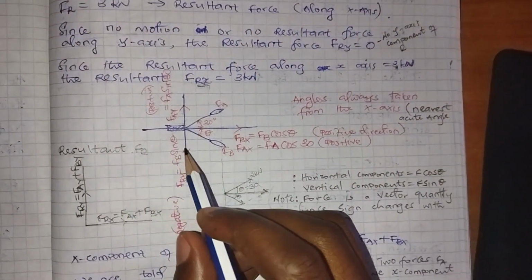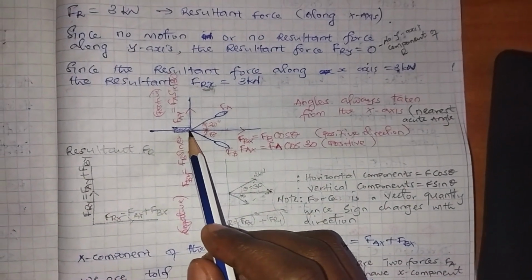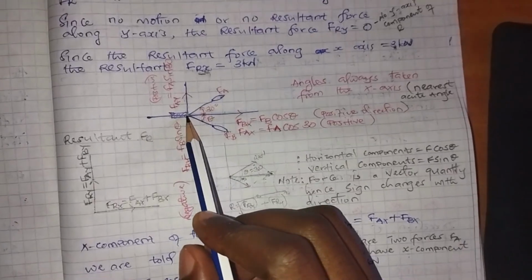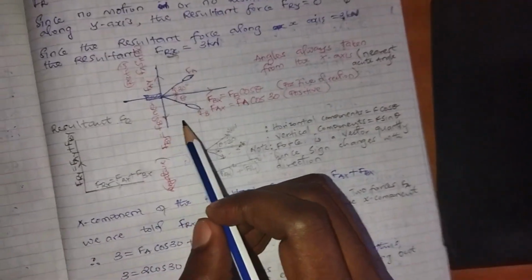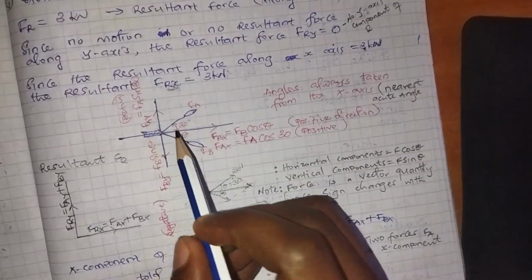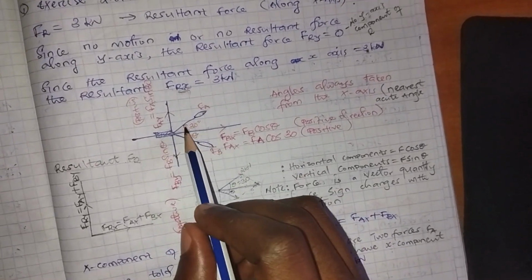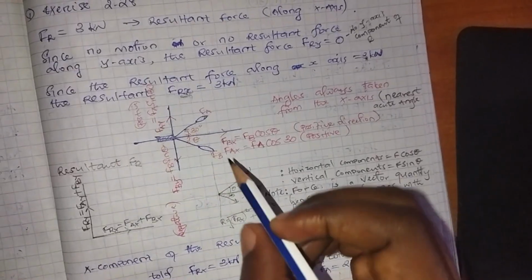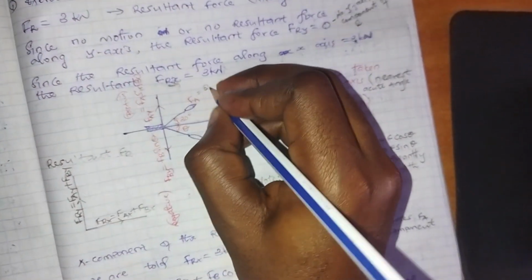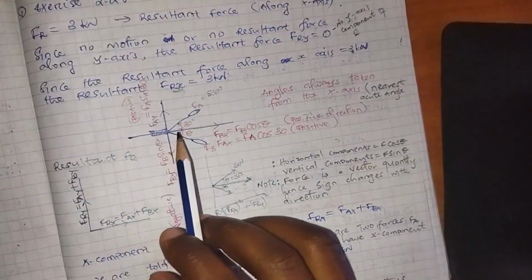I've gone ahead and represented a particular problem in a diagram. So for the first force Fa, we have its direction 30, and the magnitude is 2, because we are told it's equal to 2 kilonewton. Okay.